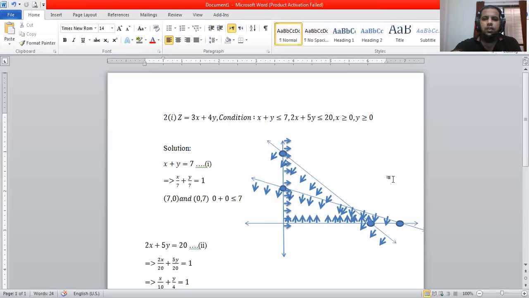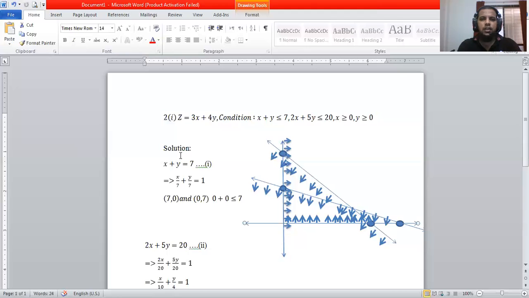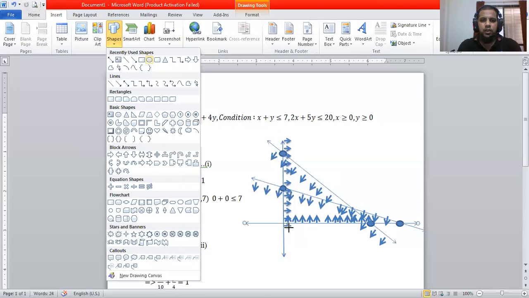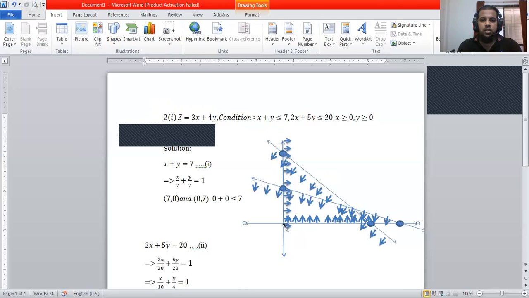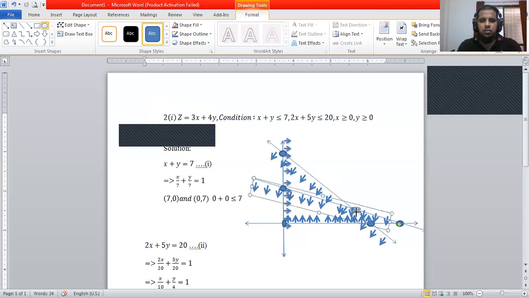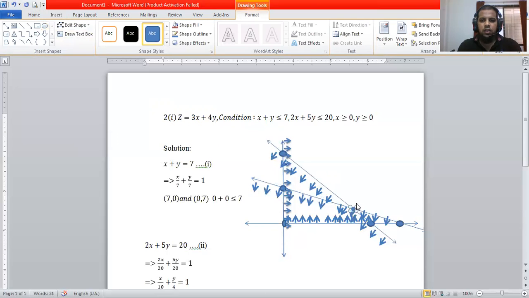Okay, can anyone say which one is the common region for all? The common region is this portion, which is common to all, and that's why we have to consider this portion. That means this point and this point, it's a quadrilateral.